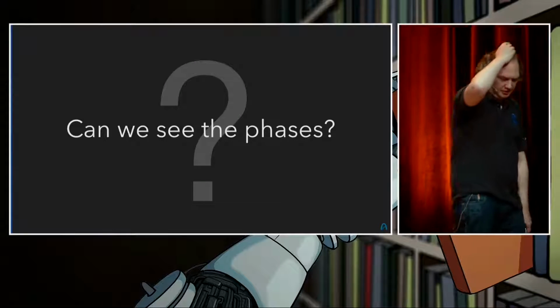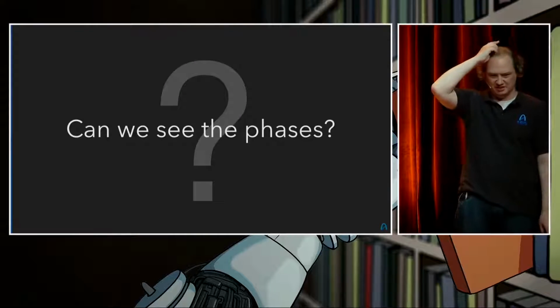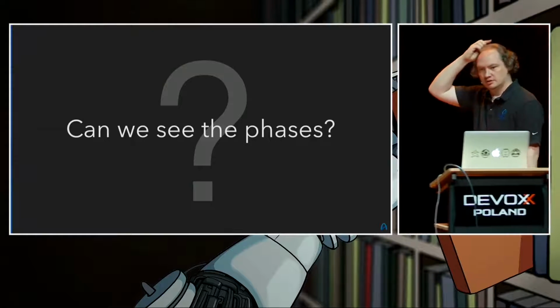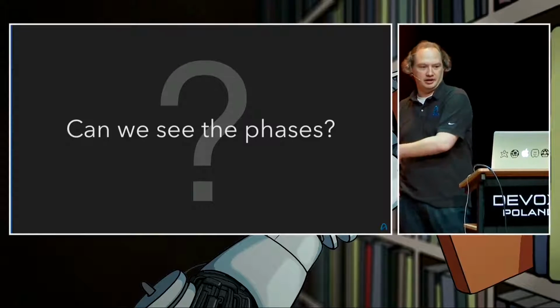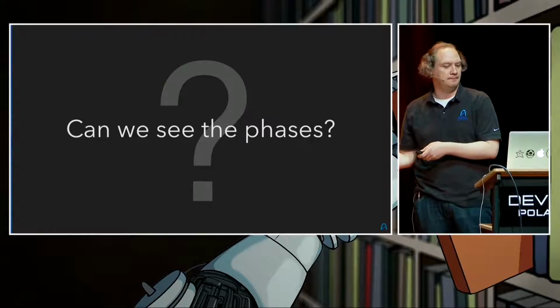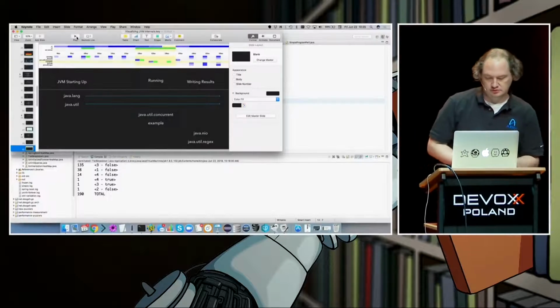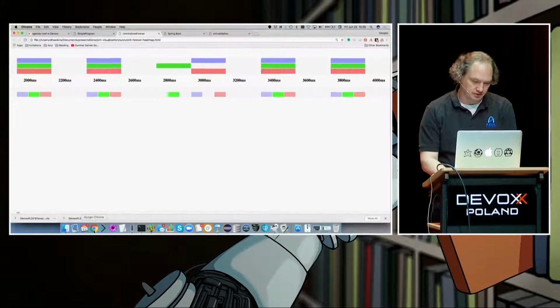So I've asserted that everything is multi-phase, so can we actually see the phases? That would be cool. I think we can. If we look at compilations by package over time. Something like this. Now it's a little small, so I'm just going to switch to it in a browser.